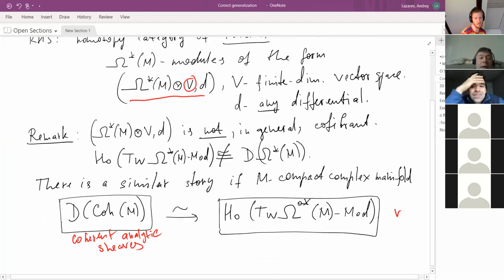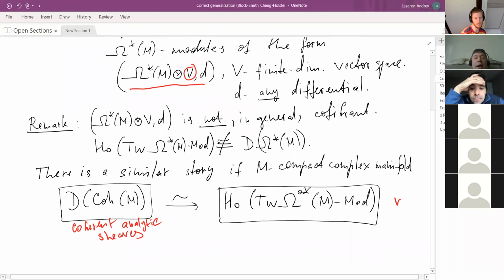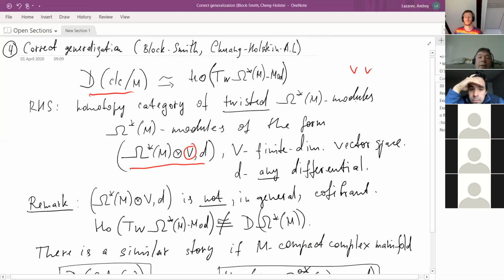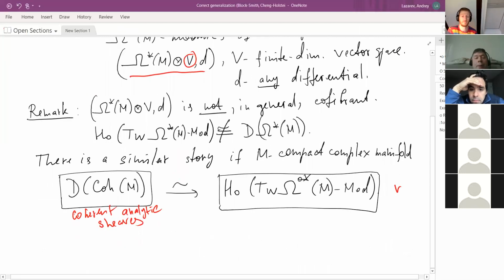And the right-hand side is again similar to what we had previously, but the role of the de Rham algebra is played by the Dolbeault algebra.